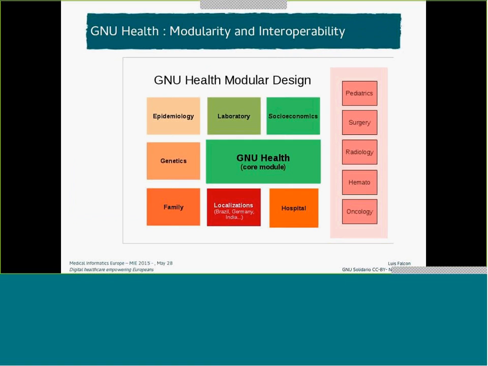So new health is a set of modules and reports. Depending on the functionality of the health institution, you install one or other.